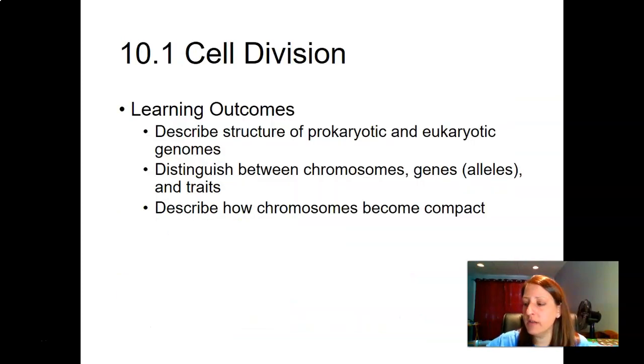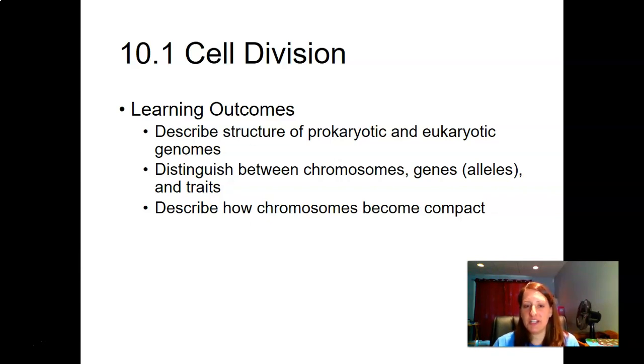So the first part of this chapter, the first section of 2 that we're going to cover, is titled Cell Division. So this is 10.1. Here's a list of learning outcomes. These are what we expect to get out of this part of the chapter. We're going to take a look at both prokaryotic and eukaryotic genomes, and hopefully you've defined that term genome by now, but I'll go ahead and define it for you as well, just to reinforce that, right?